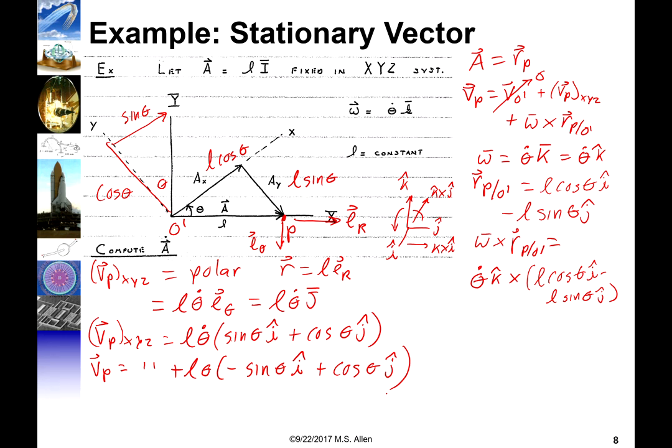And so the answer is the sum of these two terms, which should add to 0. Oh, missed a dot there. Should add to 0, but somewhere I've made a sign error and I've got a minus sign.